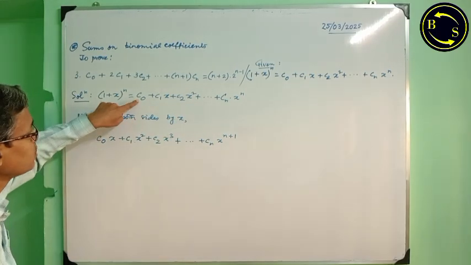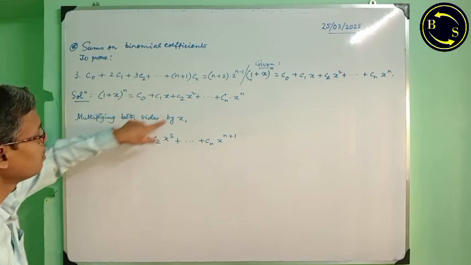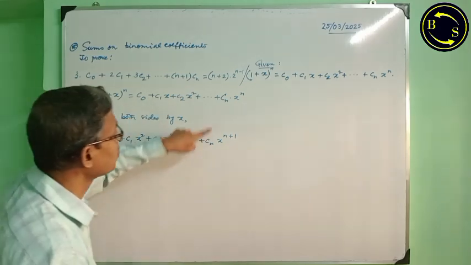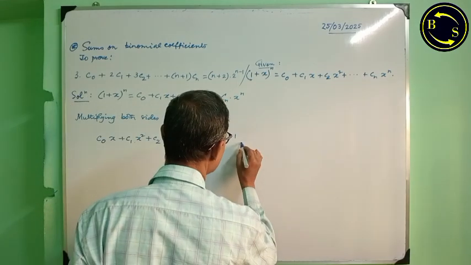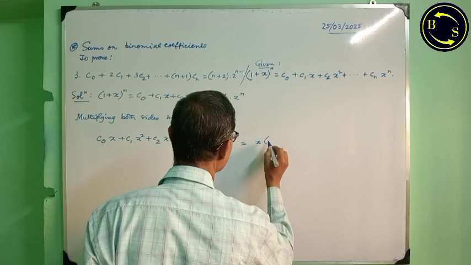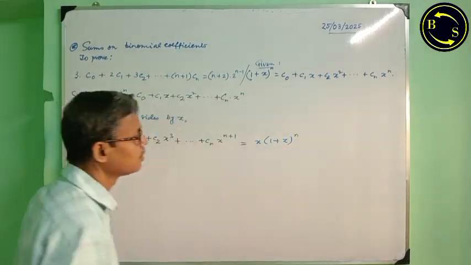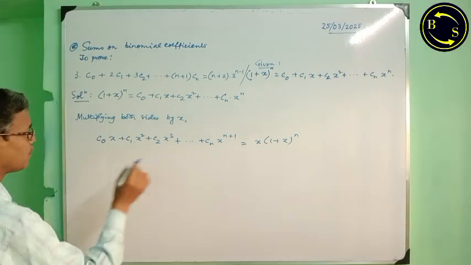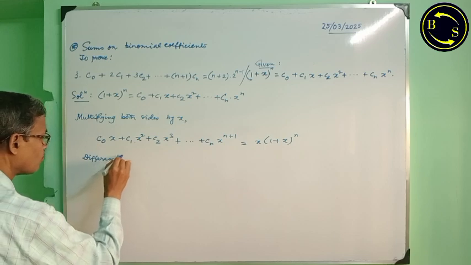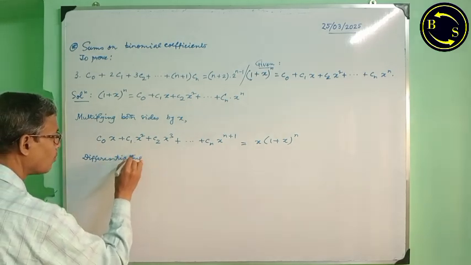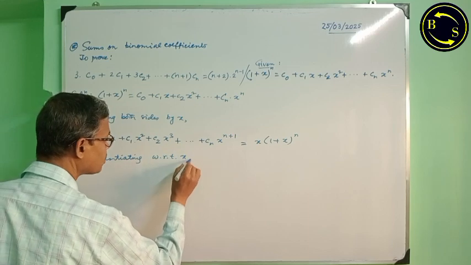Multiplying each by x, it becomes C0 x, C1 x square plus C2 x cube plus dot dot dot. Last term will be Cn x to the power n plus 1. And the right side will be x into (1 plus x) whole to the power n. Now we differentiate with respect to x.